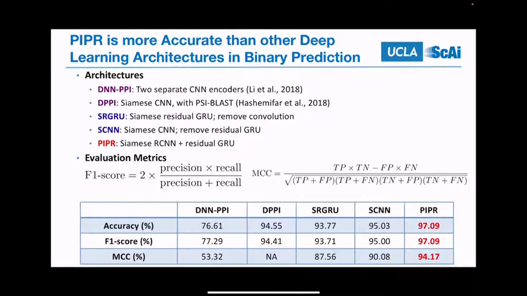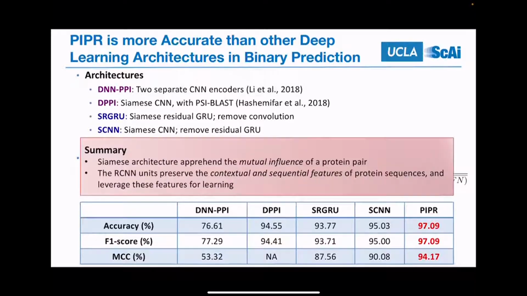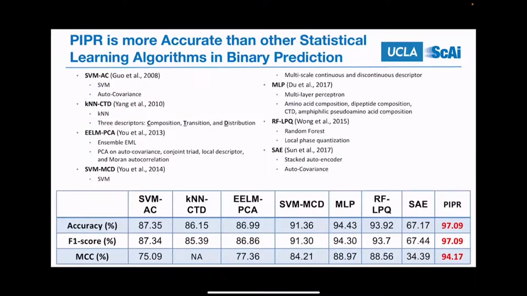I think it's quite impressive here. It's all 90-some percent, right? You can see that for the different previous deep learning approaches, they basically use a lot of convolutional neural networks, so they lost the sequential information. So that's the binary classification.